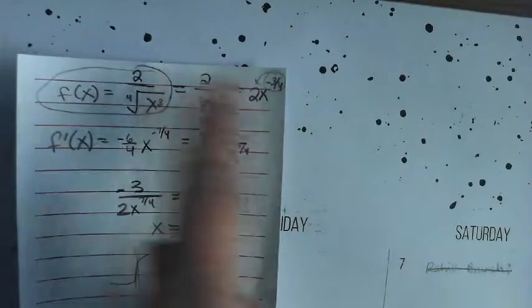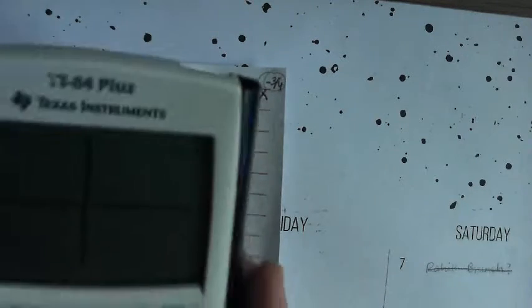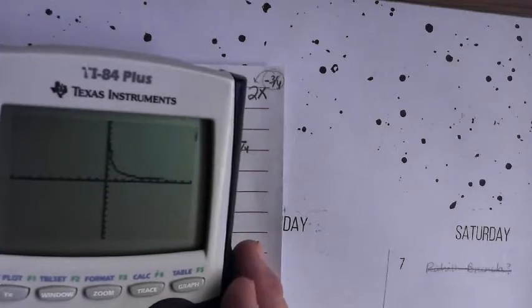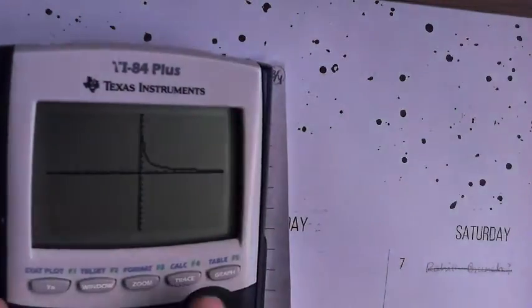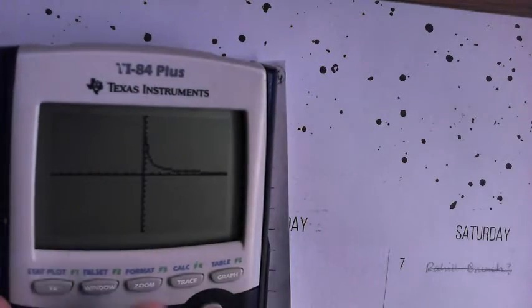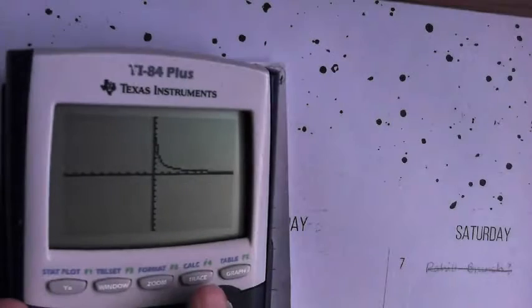So this function has no horizontal tangent line, but when I show it to you in a moment, we should see a vertical tangent line at 0, which I think I need to go up further. You can kind of see it happening though, how it's getting more and more vertical at the y-axis.